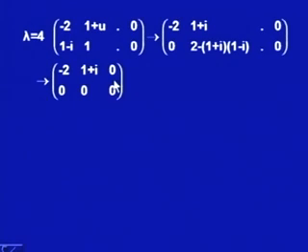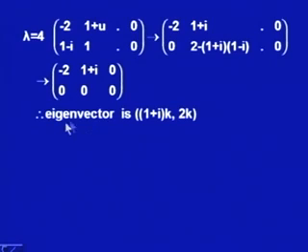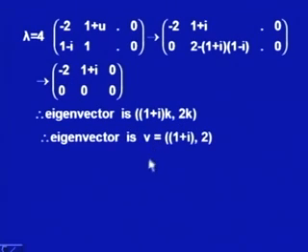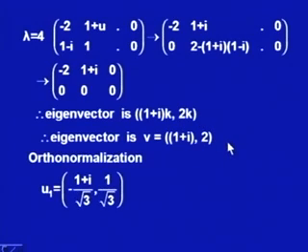From here one can easily write down the eigenvector as 1 plus i times k, 2k, because this will satisfy the equation, and that means the eigenvector is 1 plus i, 2 when we take k equal to 1. So, we have another eigenvector.